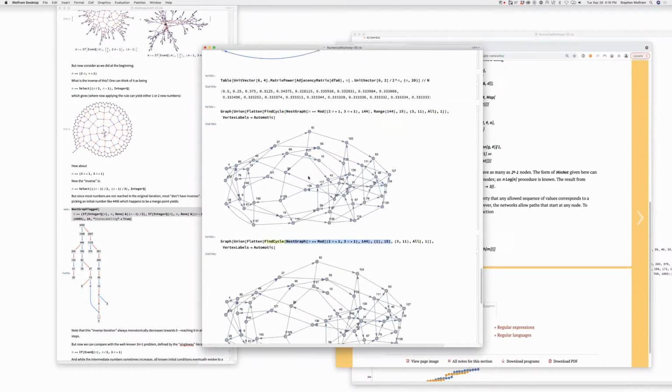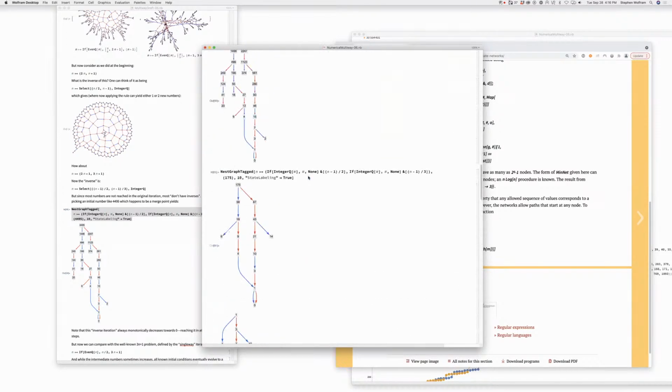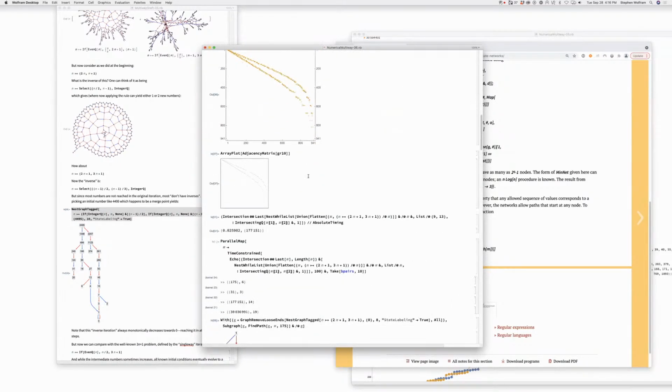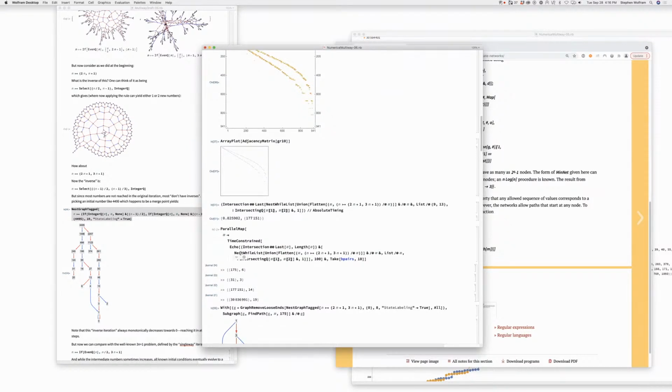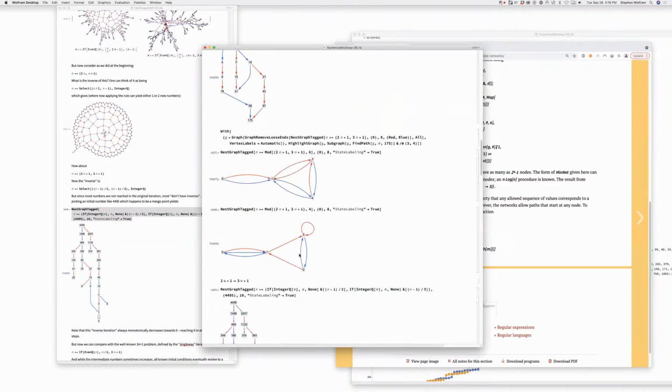So if you look at my code, here we go. All this is doing is a nest while list, okay? So given, this is the minimal code. You see this code?